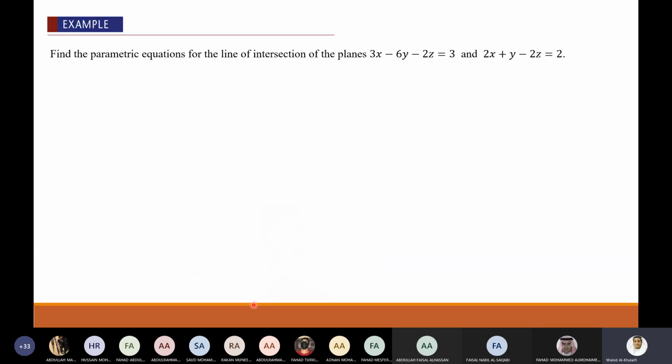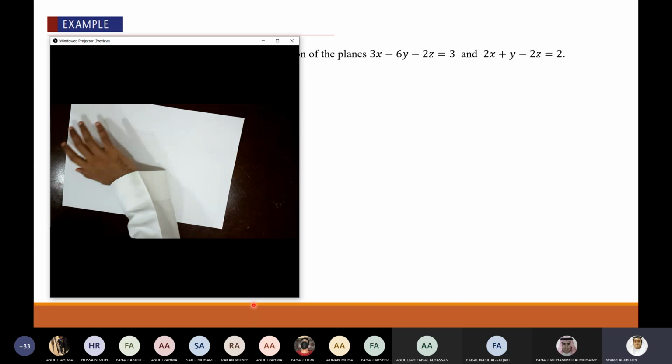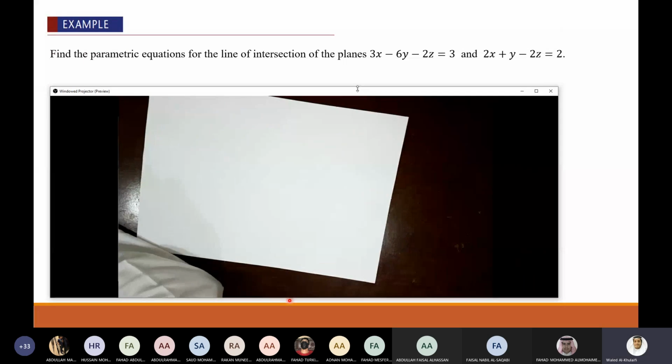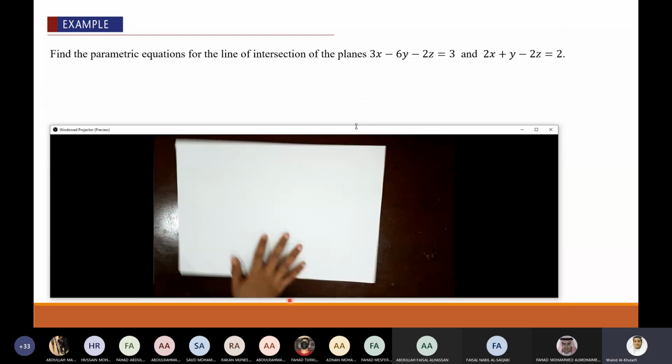Now here is a set of questions. Find the parametric equations for the line of intersection of the two given planes. How can we do it, guys?